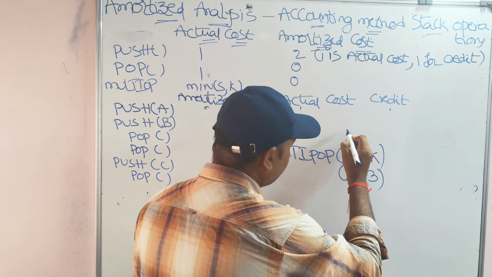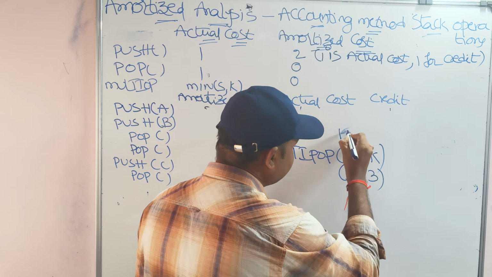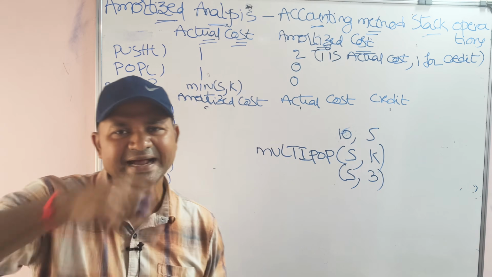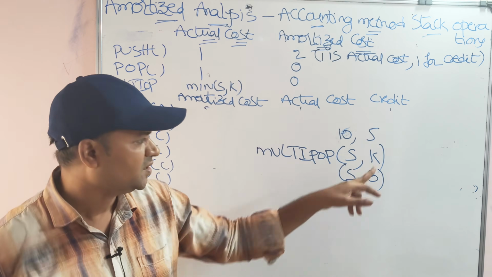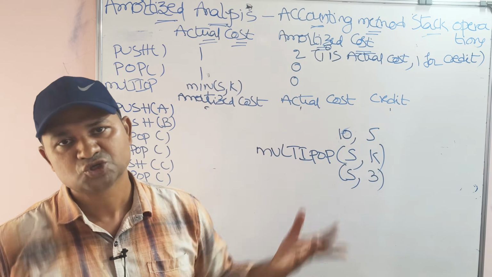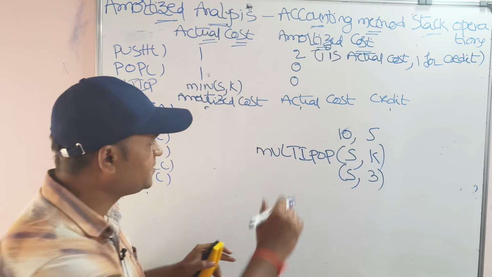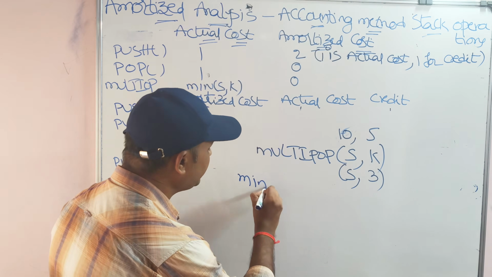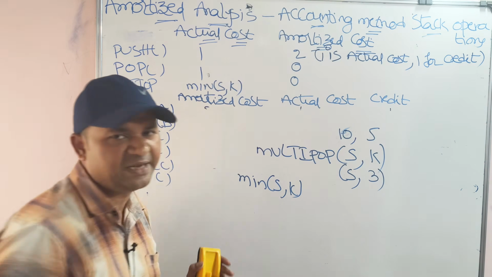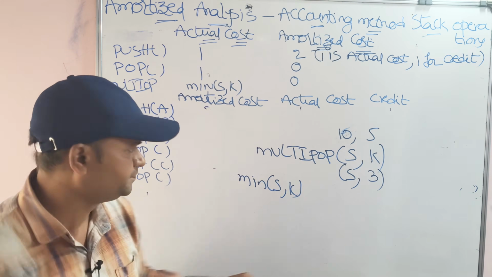Let S be 10, K be 5. That means the stack contains 10 elements, but we want to remove 5 elements. So 5 elements will be removed, that means minimum of S comma K. Out of 10 and 5, 5 is the minimum number, so remove the top 5 elements from the stack.